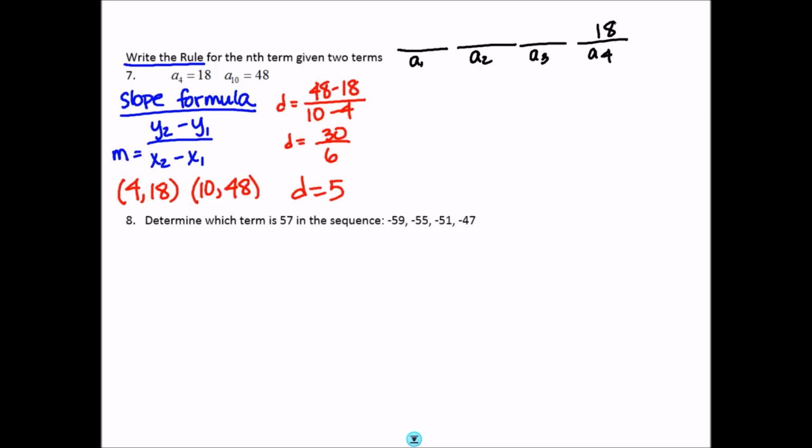We know that the difference is 5. So since we are going backwards in the sequence, instead of adding 5, we're going to subtract 5. And we end up with a1 being 3. So then we can just write the rule. Just a sub n equals a sub 1 plus d times n minus 1.